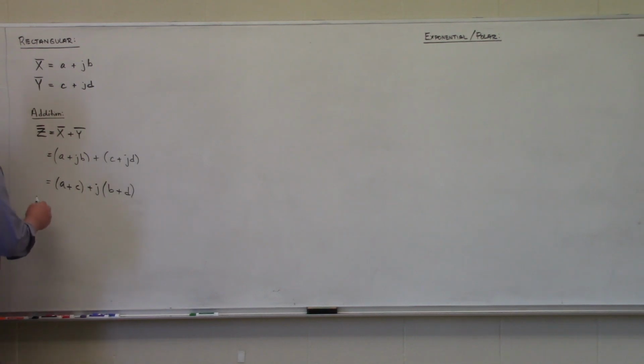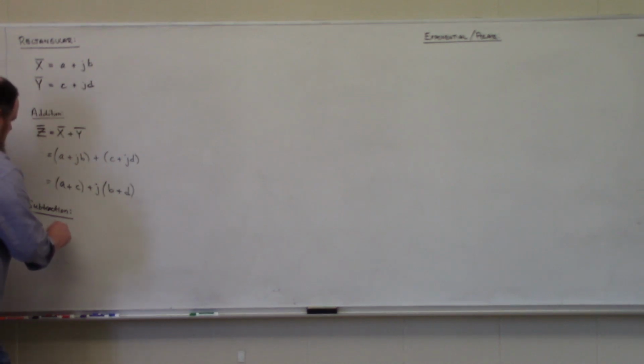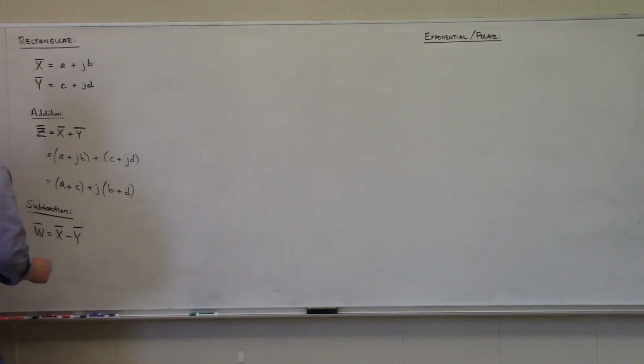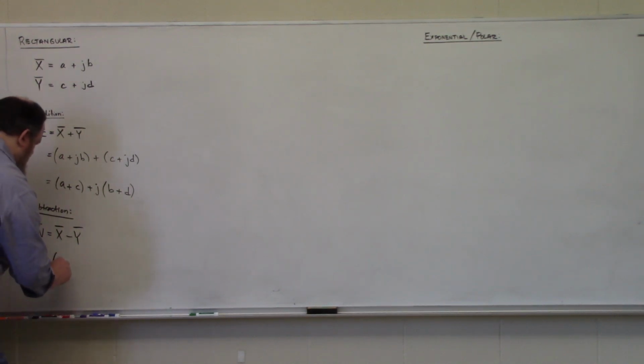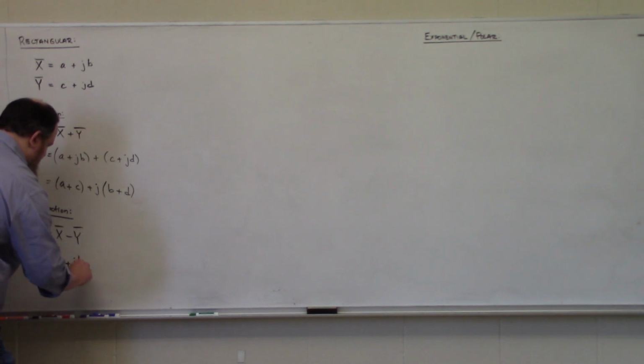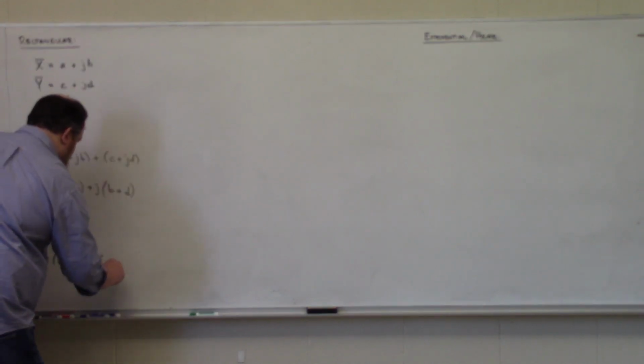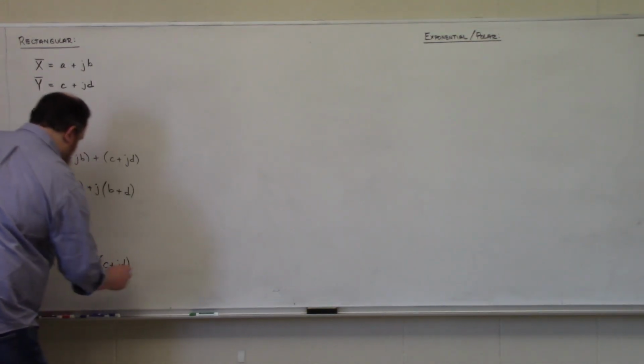Subtraction is extraordinarily similar. Let's define complex number W as x minus y. So this would be a plus jb minus c plus jd.